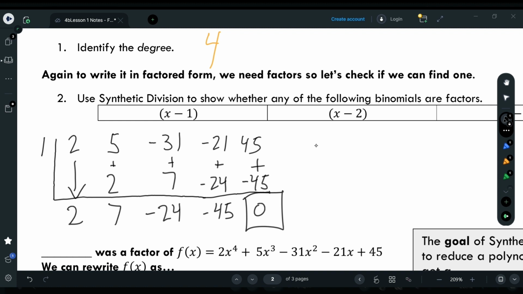And here we got a remainder 0, which means x minus 1 is a factor.